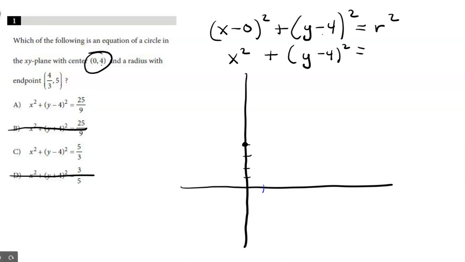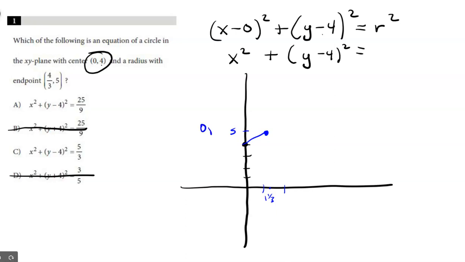Well, 4/3 is going to be right at about 1 1/3. Then we're going to go up to 5. So we're at (1 1/3, 5). And that's our radius. Because it's on a coordinate grid, I'm going to need to find the distance between those two points.